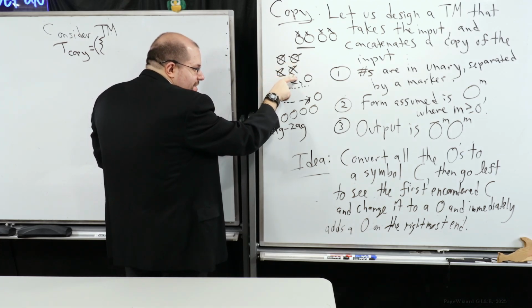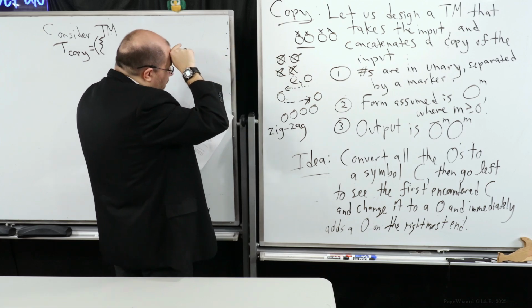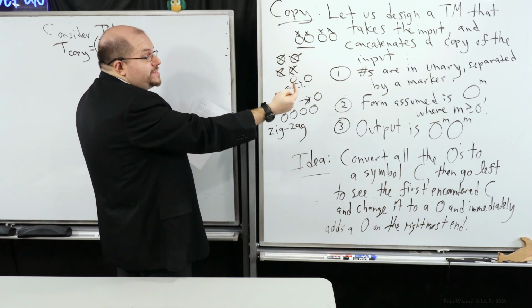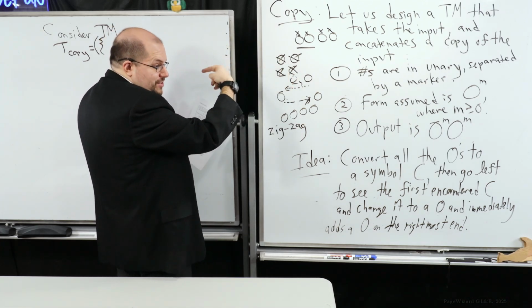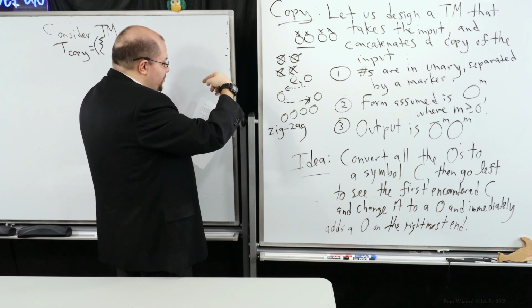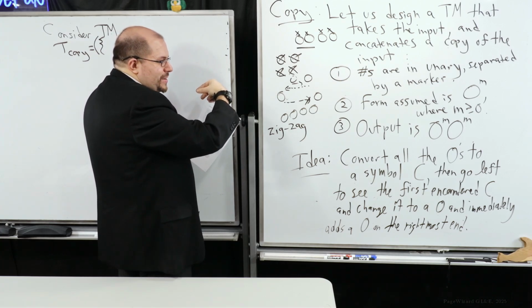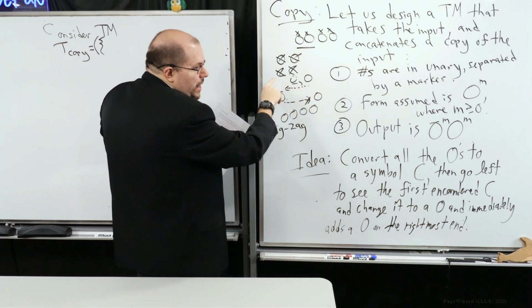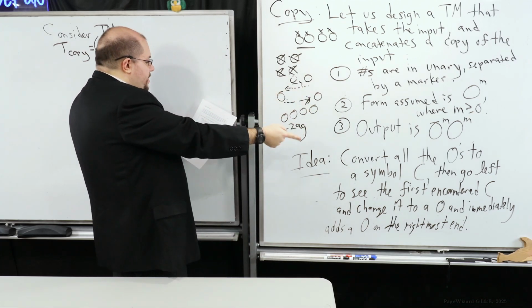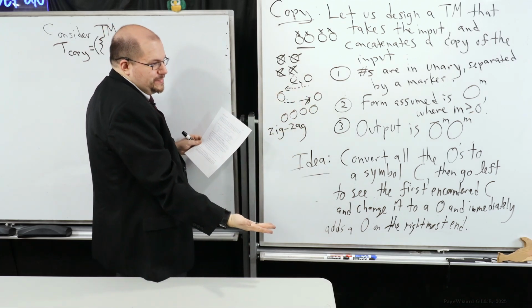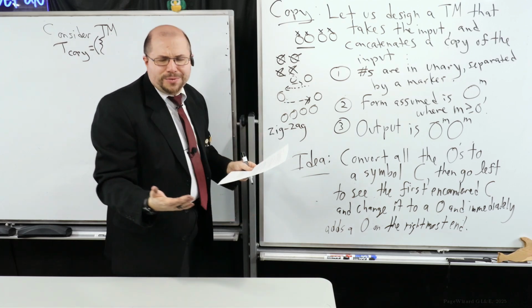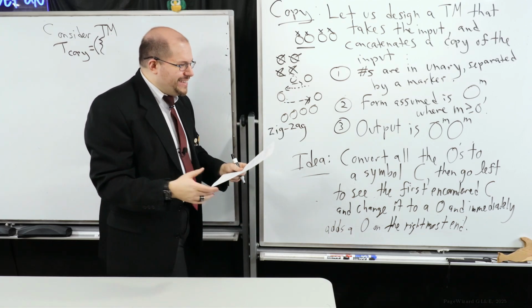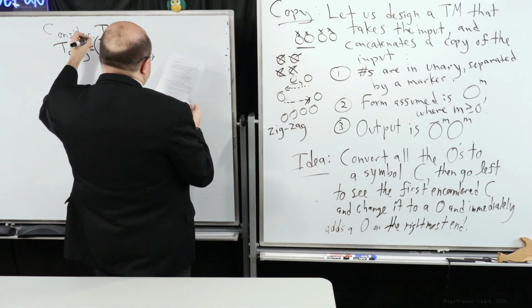That dictates needing a state. Next, we start doing the zigzagging. We start going back this way to find a C, so we need something to do that. And maybe we need another state for copying the 0 on the end, like when I paired it off. Then I need something to tell me when I'm done. That seems pretty reasonable, so let's go with that.